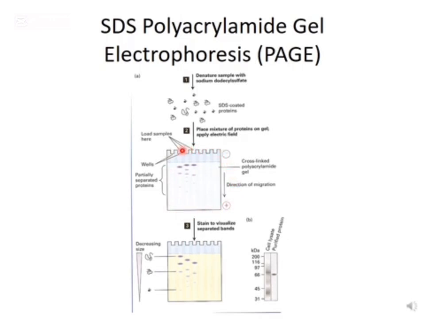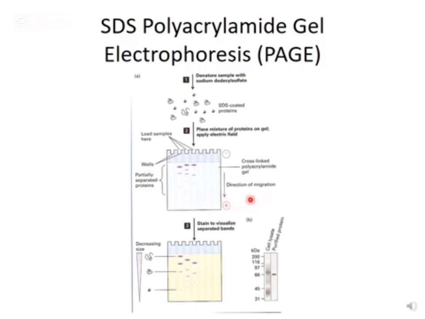And since all the proteins are negative, we apply an electric field so that the protein would move from a negative charge to a positive charge. So all the negative proteins are going to be repelled from the negative charge and are going to be attracted to the positive charge.